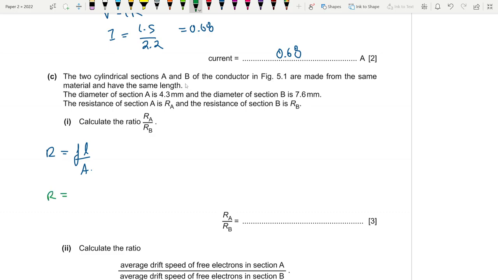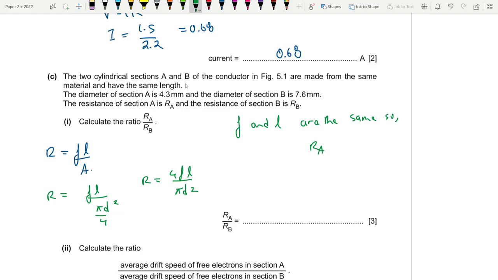And then you can say R is equal to rho L by pi d square by 4, or R is equal to 4 rho L by pi d square. This is the formula. Now rho and L are the same. So RA by RB is equal to, we can also get rid of the 4 by the way, right?